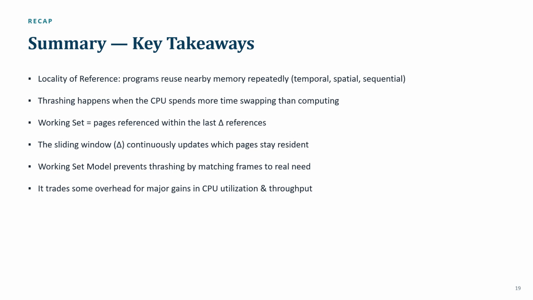This sliding window delta continuously updates which pages deserve to stay resident in memory. The working set model prevents thrashing by matching the frames given to a process with its real measured needs. And yes, it does add some computational overhead, but the small cost buys a massive gain in CPU utilization and overall system throughput.